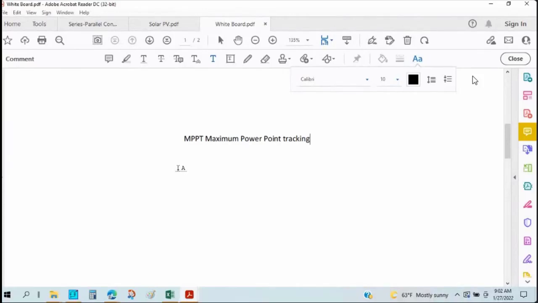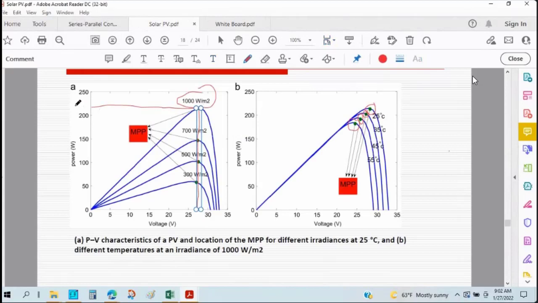That means the solar panel can generate maximum, 225 watt, when the irradiance rate is 1000 watt per meter square. And if we can operate the solar panel at this particular voltage, at 27, it will be possible for us to get the maximum power.